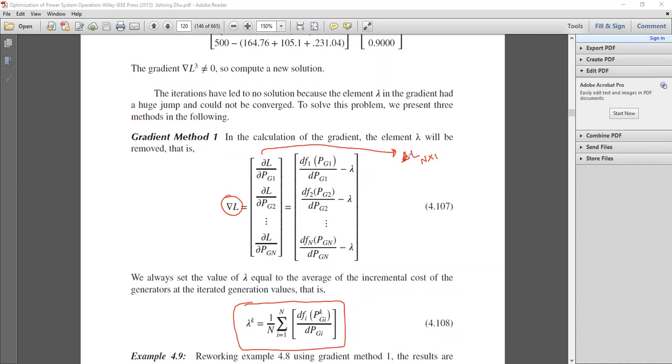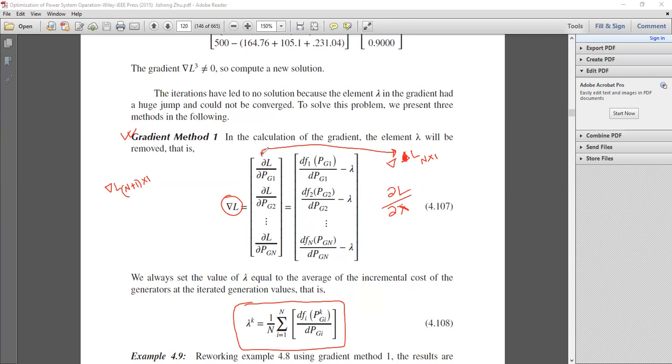Previously, this del L had size n plus 1 by 1. Now in method number 1, they are suggesting not to include the lambda part, di L by di lambda, inside this gradient. Instead, simply calculate the remaining n entries as were present earlier.